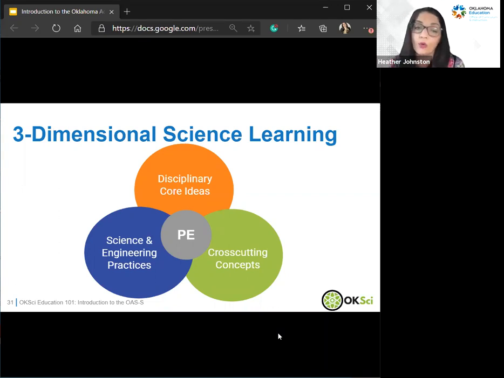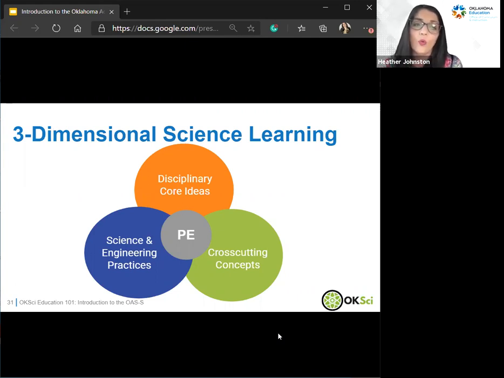So we are moving away from let's teach the scientific method as in A goes to B, which goes to C, and rather think about how is science done. And science is done with integration. Scientists are doing science as they are learning about what they are investigating.